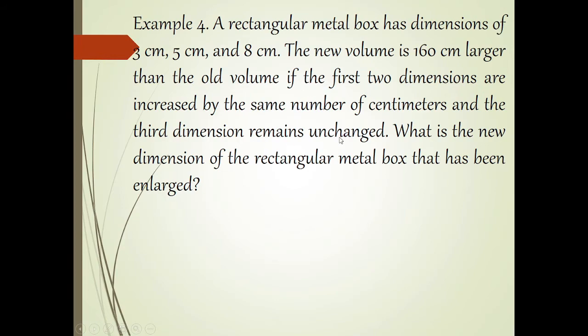So, bali dito, pinapakita yung changes sa volume ng rectangular metal box. Meron siyang new volume at may old volume. So, hanapin natin ang clue. Siyempre, unahin natin yung old volume. So, ang old volume, tandaan nyo, ang formula ng volume ay length times width times height.